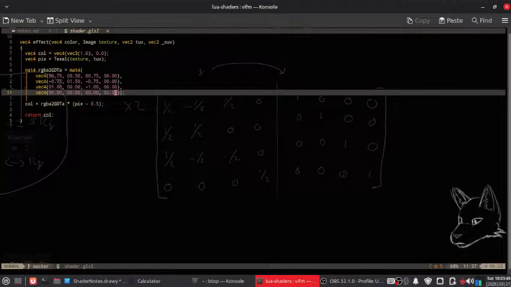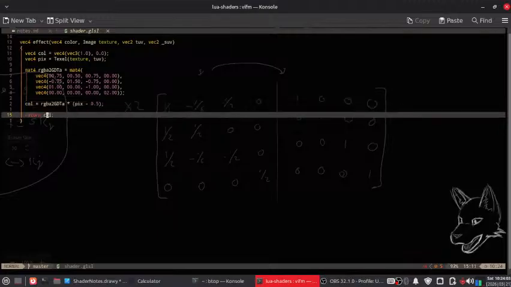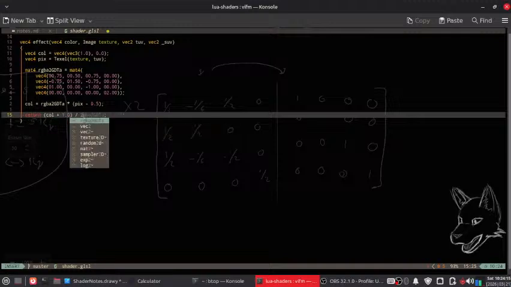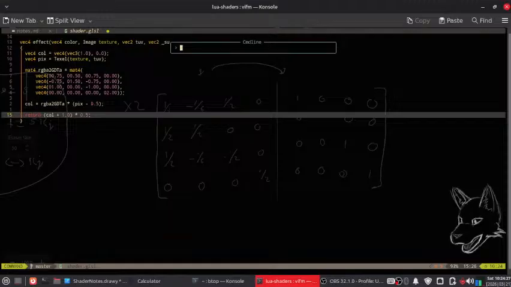And then color times 2. Well, it's color divided by 2 plus a half. Or color plus 1 all over 2. Right. Color plus 1.0 divided by 2.0. Or I should say times 0.5 is actually better.